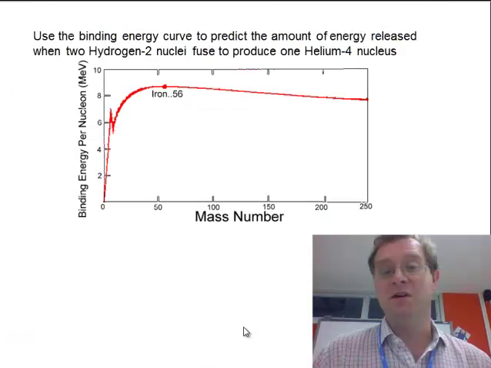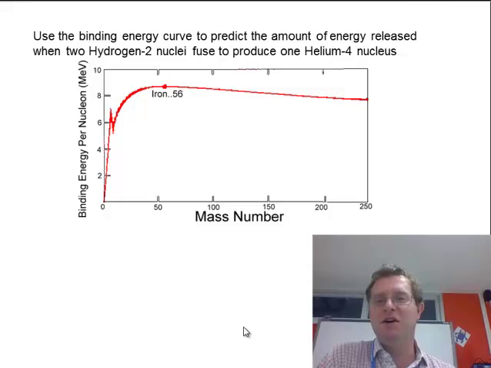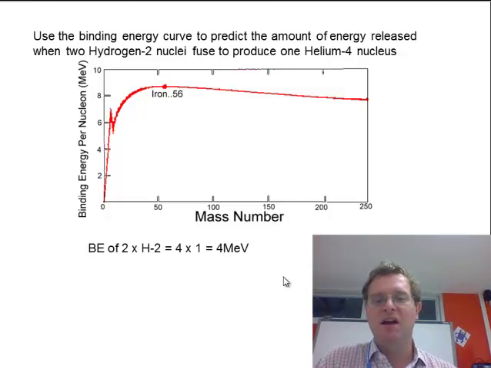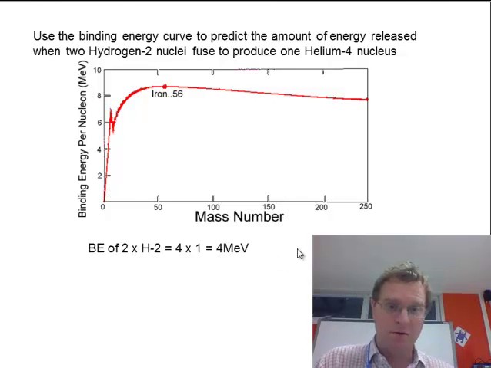So here's my example question. Use the binding energy curve to predict the amount of energy released when two hydrogen-2 nuclei fuse to produce one helium-4 nucleus. So I look at the binding energy in my reactants, what's going into the reaction. The binding energy is 2 times hydrogen-2 nuclei, which is 4 times 1 mega electron volt, since 1 mega electron volt is the binding energy per nucleon in hydrogen-2.